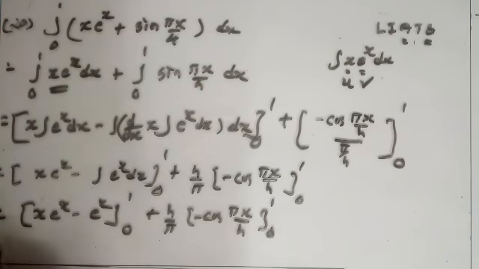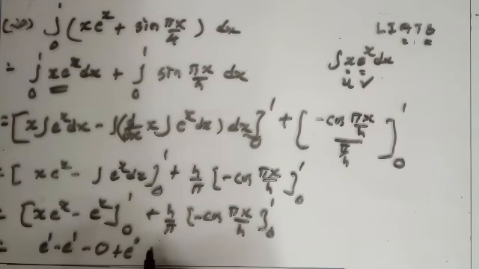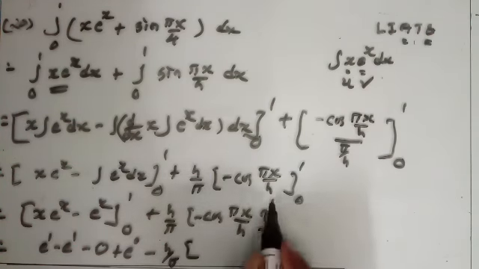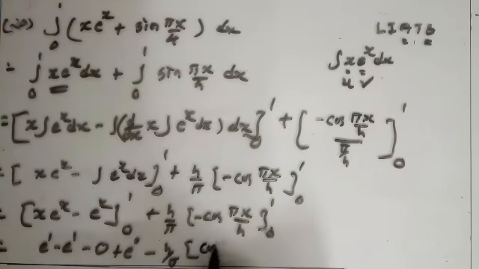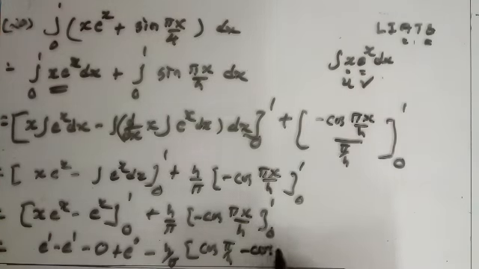So is equal to, now apply limit. So here replace x by 1, so we get e raised to 1 minus e raised to 1, minus apply x by 0, so first term becomes 0, minus minus plus e raised to 0, here 0 into e raised to 0 becomes 0, plus minus take outside, so minus 4 upon pi, and I apply limit cos pi upon 4, clear, minus cos 0.